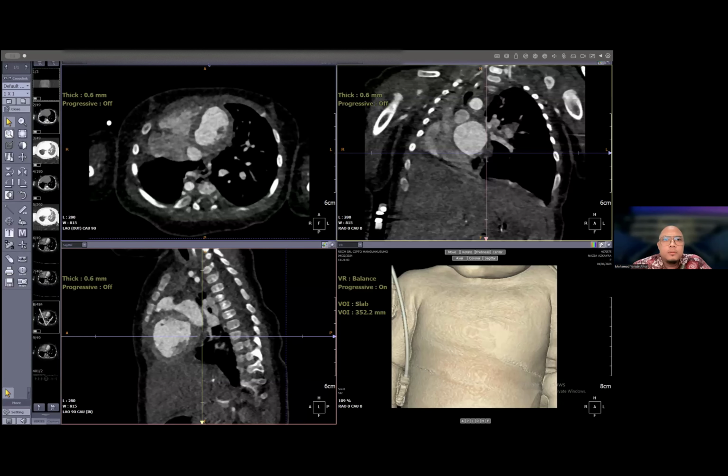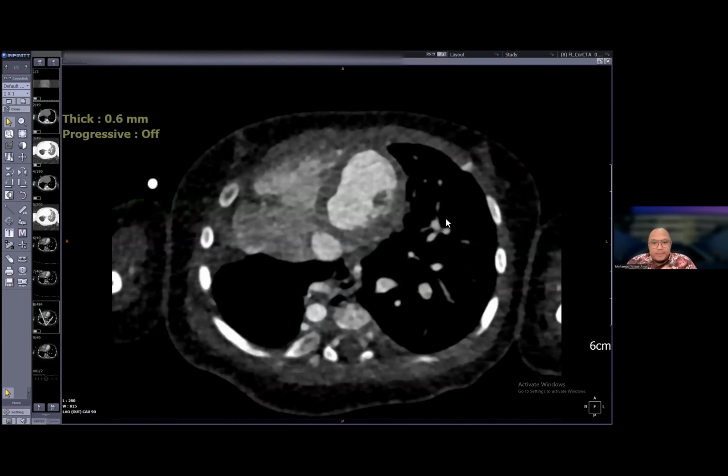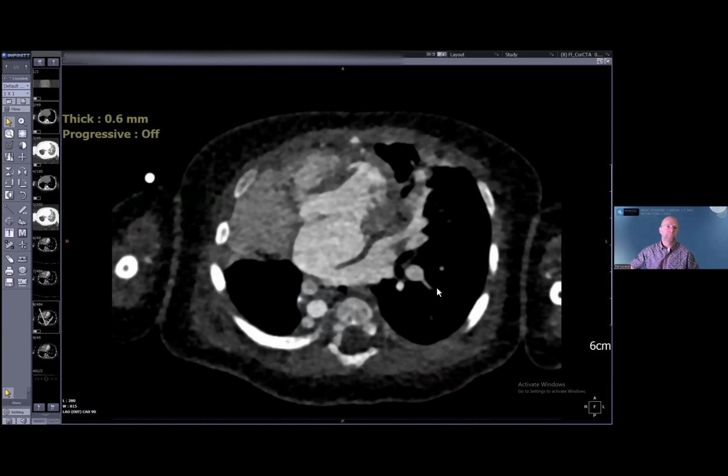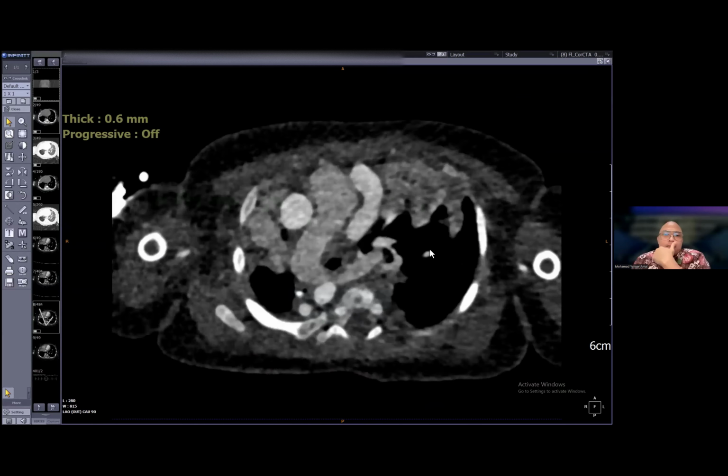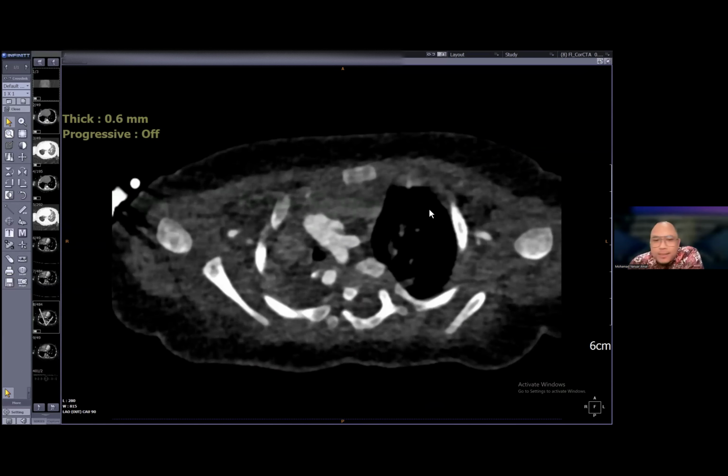Is it okay? Sorry. I think that's fine. Okay, can you see my screen, Prof? Yes, we can, and your arrow as well. Okay, great. Sorry for the technical issue.